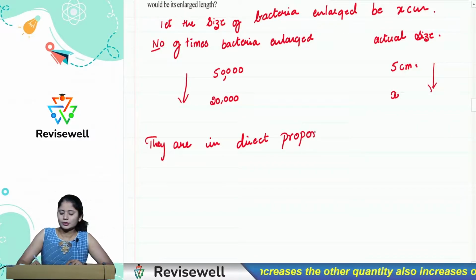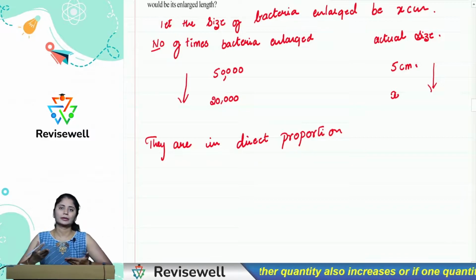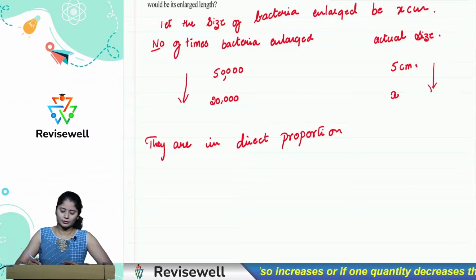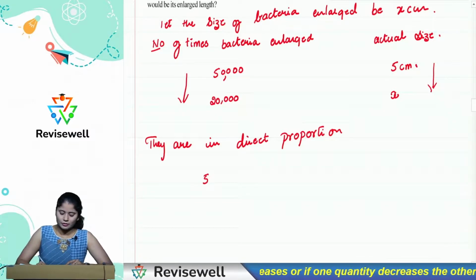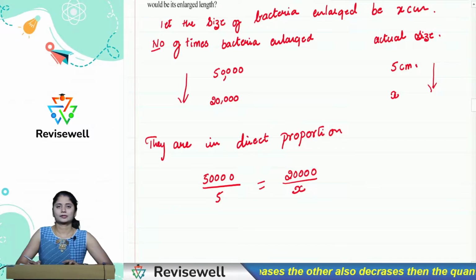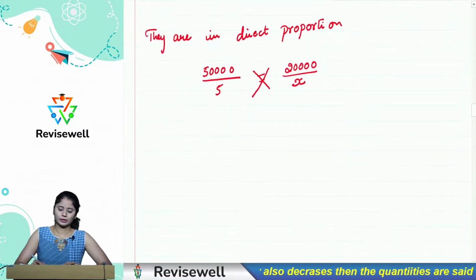What is direct proportion? That means the ratio will remain the same. The ratio of the first quantity by the second quantity will be equal to the ratio of the same thing for the other one. That is, 50,000 by 5 will be equal to 20,000 by x. In order to get the value of x, you need to do cross multiplication.